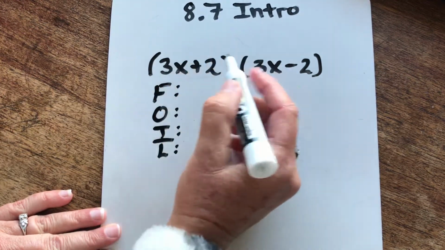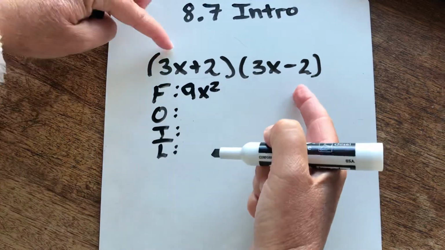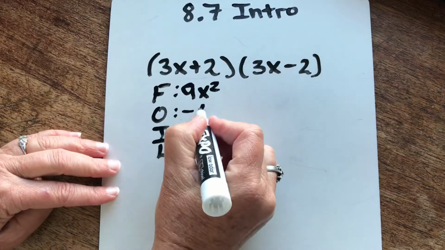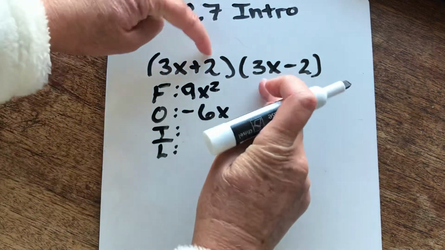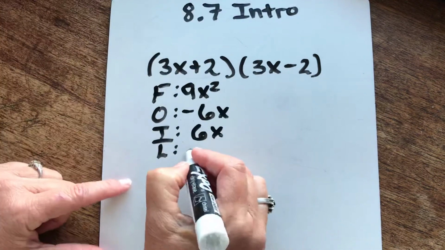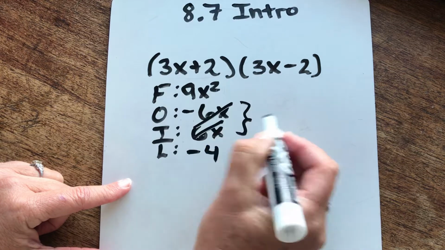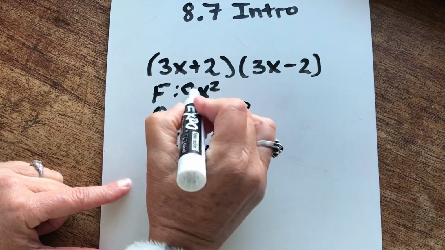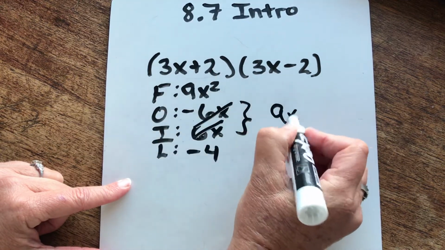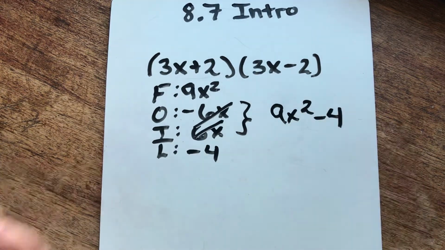So front, outer, inner, and last. And we can see clearly that the middles cancel. There's nothing left there. And we're left with this first term, 9x squared, and the last term, which is -4.